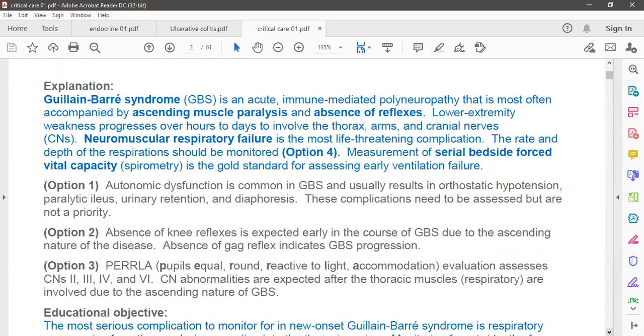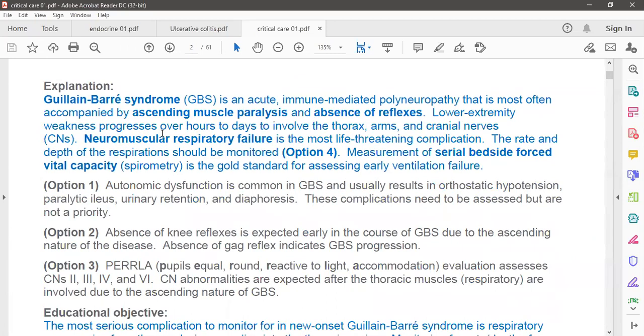Or failure. Lower extremity weakness progresses over hours to days to involve the thorax, arms, and cranial nerves. Neuromuscular respiratory failure is the most common and most dangerous, a life-threatening complication.